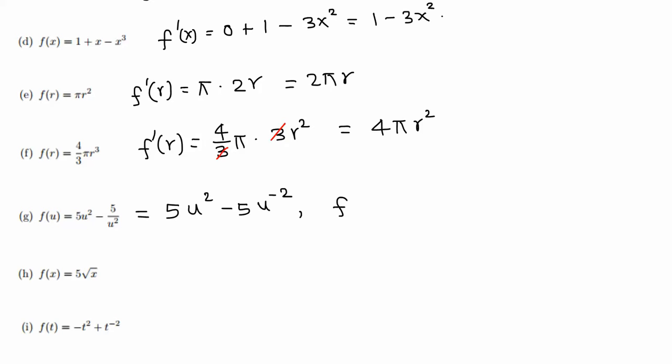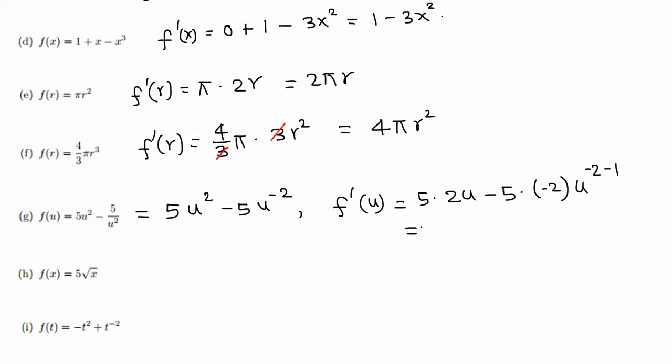Now we take the derivative with respect to u. This u behaves like x, okay, so 5 survives, that equals 5 times the derivative of u squared, which is 2u, minus 5 times the derivative of u^n, like x^n, power rule, so n u^(n minus 1), -2 minus 1.